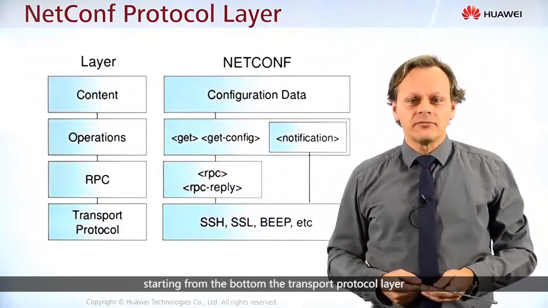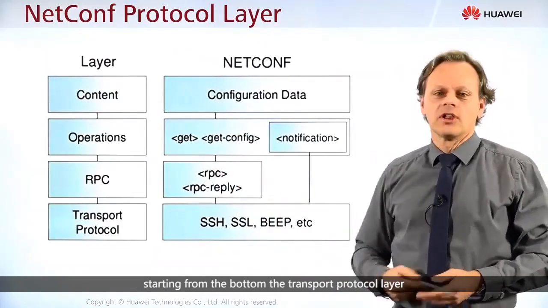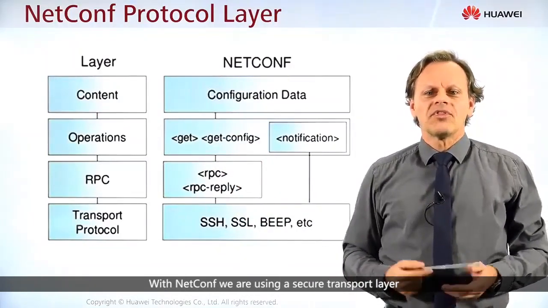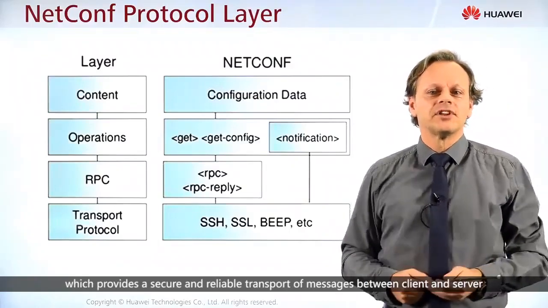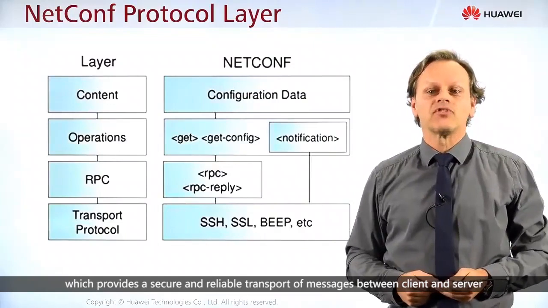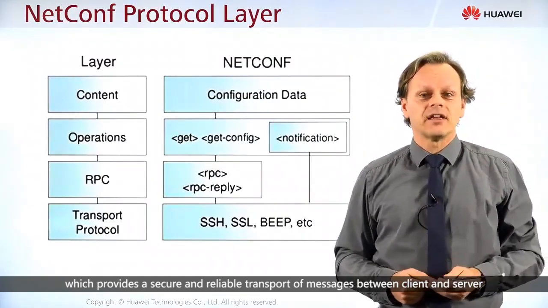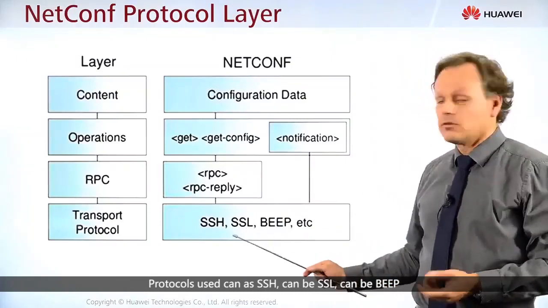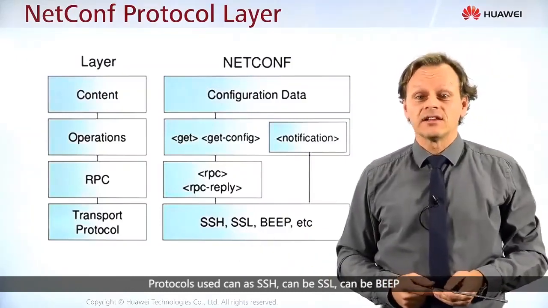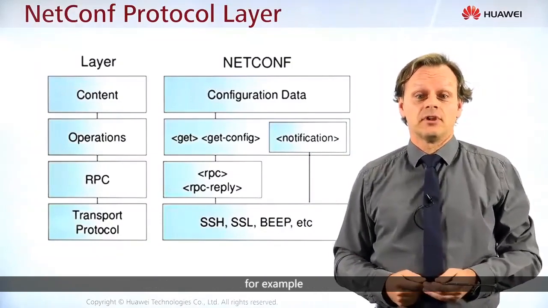Starting from the bottom, the transport protocol layer. With Netconf, we are using a secure transport layer which provides a secure and reliable transport of messages between client and server. Protocols used can be SSH, SSL, or BEEP, for example.